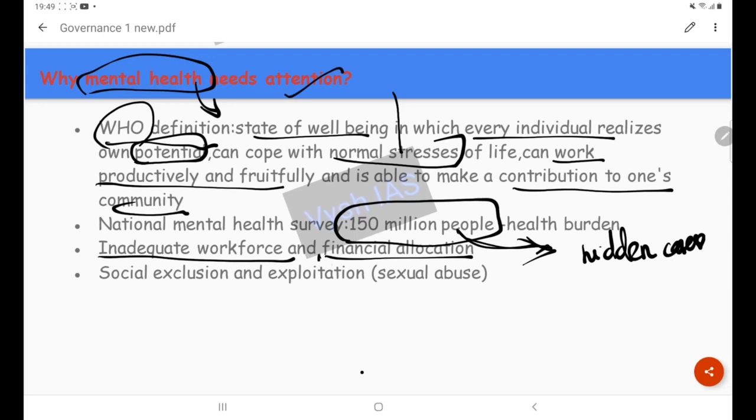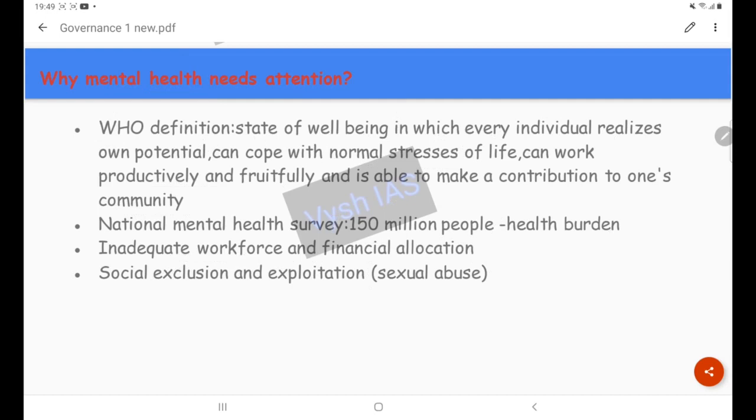It is neglected; only recently has it started gaining some attention. Then another problem is social exclusion and exploitation. Sexual abuse often happens with mentally disabled people. They are constantly cheated and exploited also.